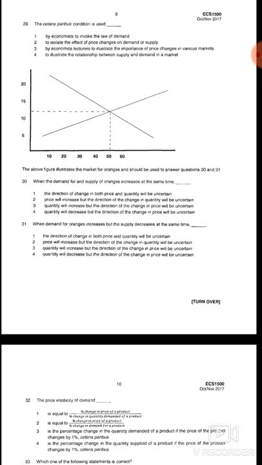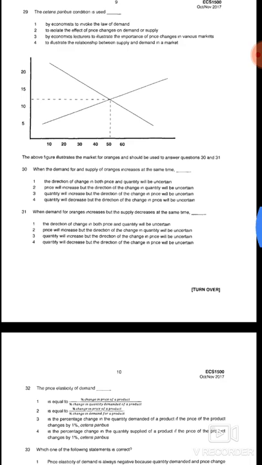When the demand for and supply of oranges increase at the same time, remember, price remains what? Indeterminate, or price remains uncertain, and the quantity will also increase. So it's going to be option number 1. The direction... no, option number 1 is wrong.